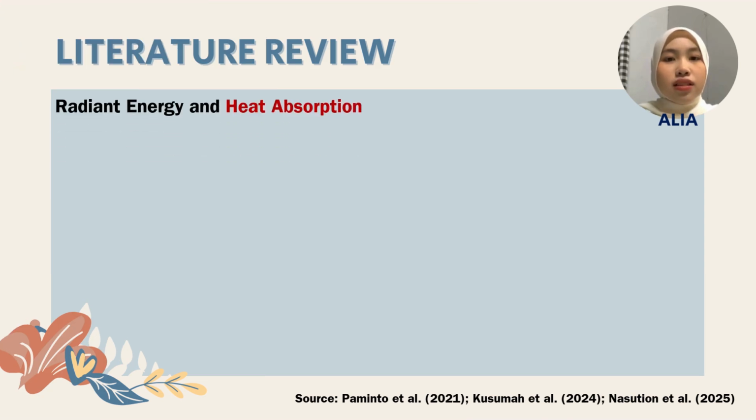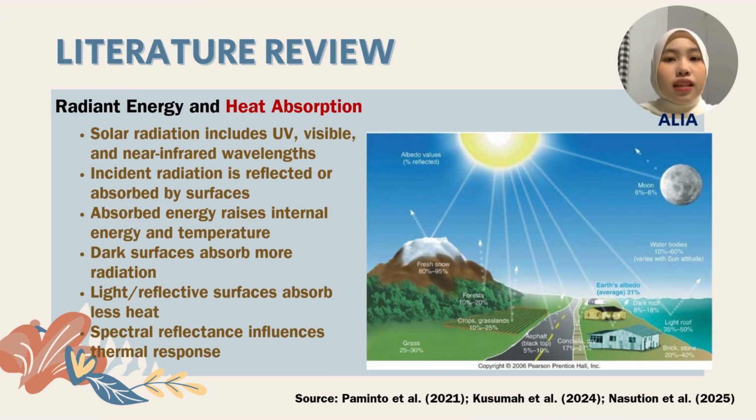Solar radiant energy consists of ultraviolet, visible, and near-infrared wavelengths, and it interacts with material surfaces through reflection and absorption. For opaque materials, the absorbed portion of solar radiation is converted into internal energy, which causes an increase in temperature. Surface color plays an important role in determining how much radiant energy is absorbed. Dark surfaces generally have lower reflectance and higher absorptivity, which results in faster heating rates compared to light-colored or reflective surfaces under the same radiation conditions.